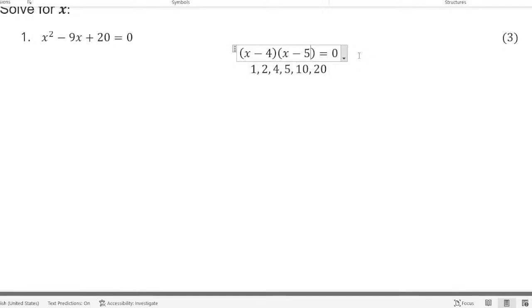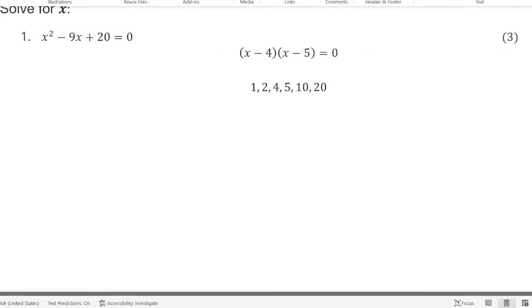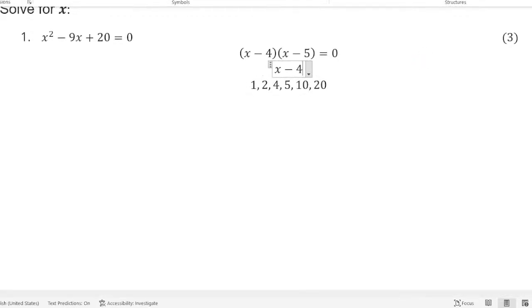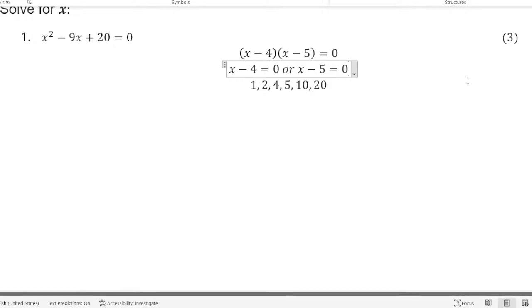Then from there, you know the story. We will have x minus 4 is equal to 0, or x minus 5 is equal to 0, right?